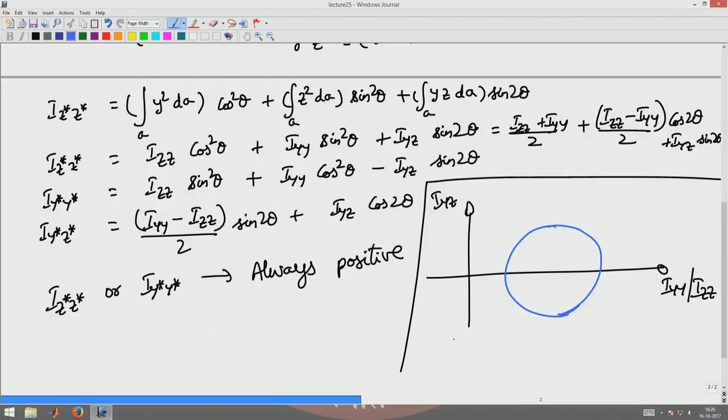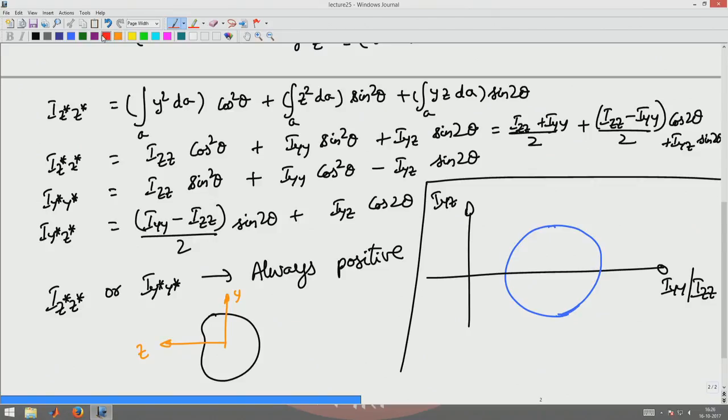Now, let us understand physically why there is a positive I y z for some orientation of the axis and a negative I y z for some other orientation. Let us say I have this cross section, some potato, with y and z initially oriented like this.